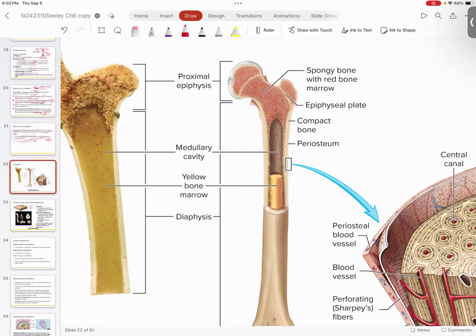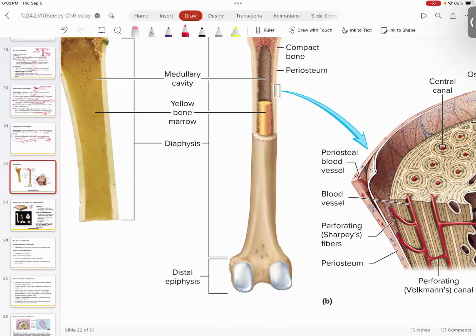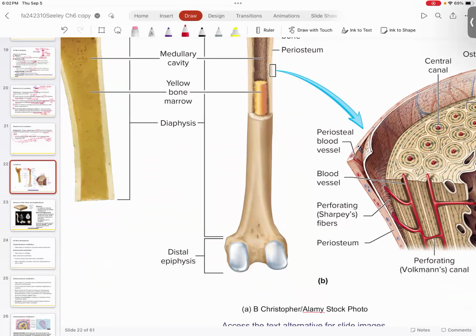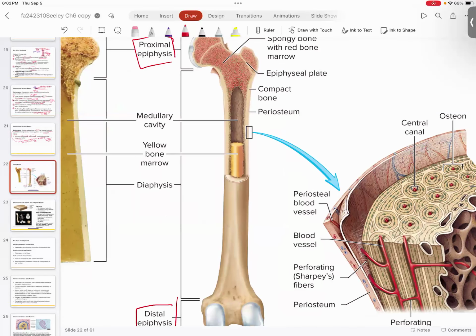So this is our long bone. First of all, you can see the epiphysis. The head of the femur is the proximal epiphysis because it's the closest to the midline of the body. And then the distal epiphysis is the one that's down toward your feet. And in between is the diaphysis, the main shaft of the long bone. If you were to cut this open, you'll notice that you have this huge medullary cavity in the middle, oftentimes filled with yellow bone marrow.